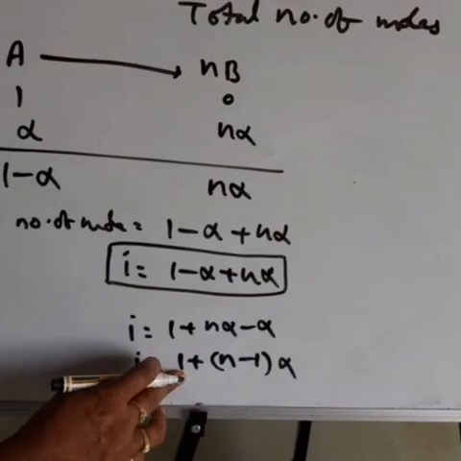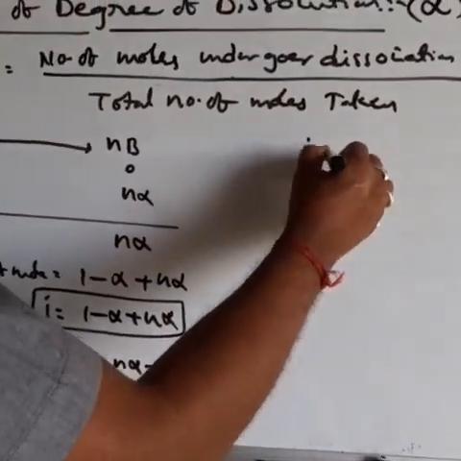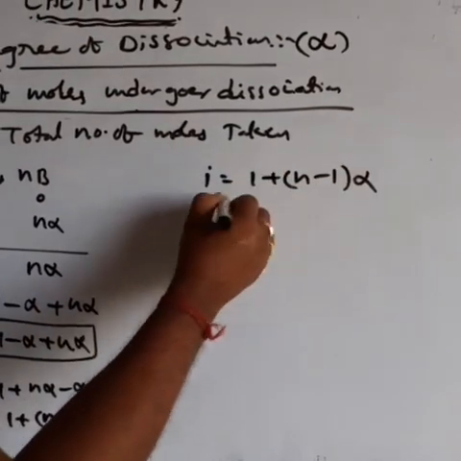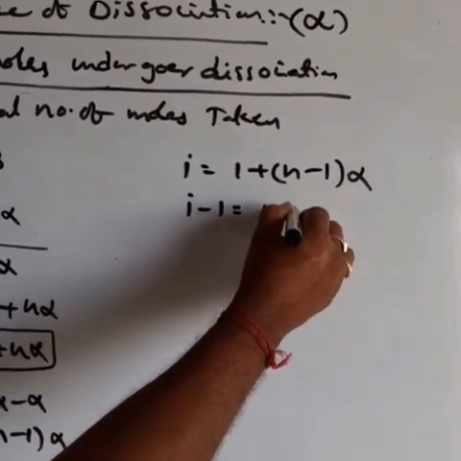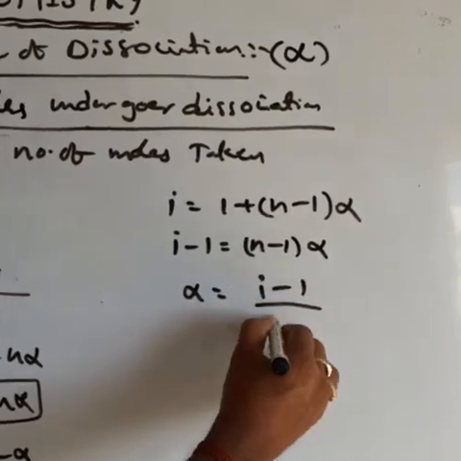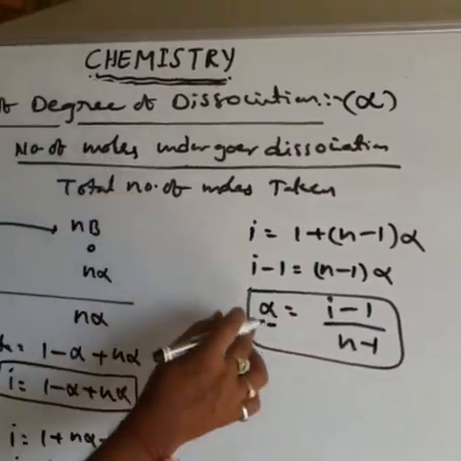From this, the 1 goes to the other side, so i minus 1 is equal to n minus 1 into alpha. Therefore alpha is equal to i minus 1 by n minus 1. This alpha is the degree of dissociation.